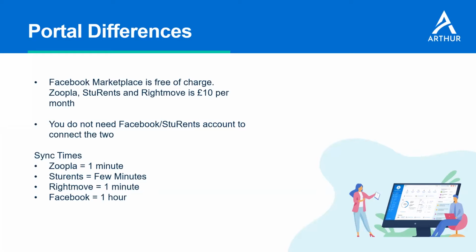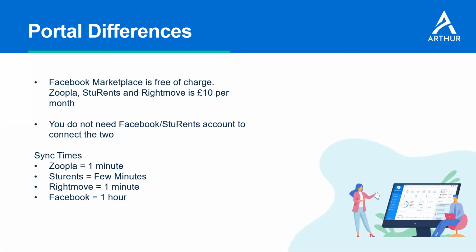With Facebook and StuRents, you do not need an account on their websites to integrate between the 2. Just to be clear, for Zoopla and Rightmove, you need to be on a subscription for those 2 channels. If you are not, you won't be able to integrate the 2 accounts. So just make sure you keep that clear.